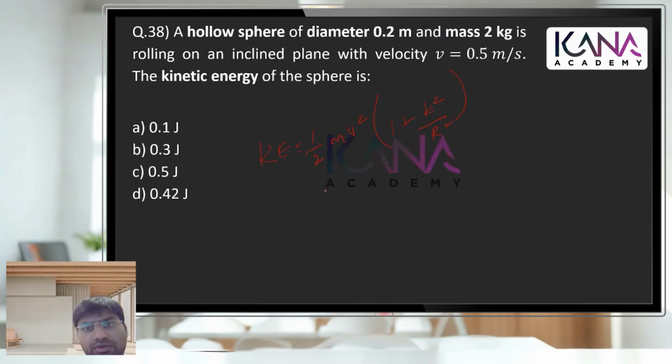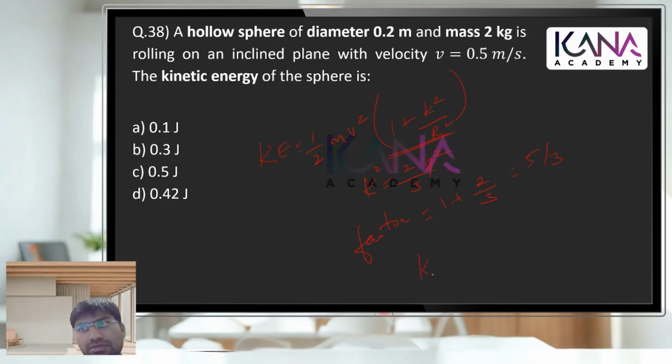For a hollow sphere, k square is 2 by 3 r square. So this factor is 1 plus 2 by 3. So the entire factor becomes 5 by 3.